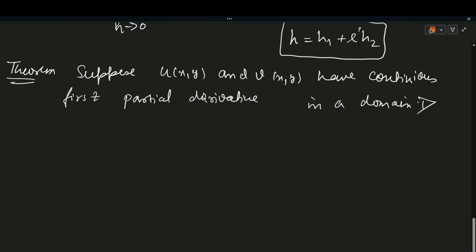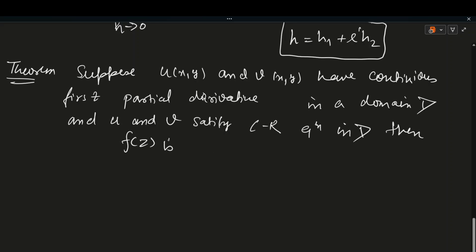D is a region, like I mentioned, the disk. And u and v satisfy the Cauchy-Riemann equation, CR equation, in the complex plane D.